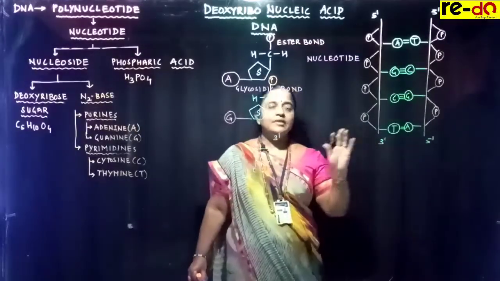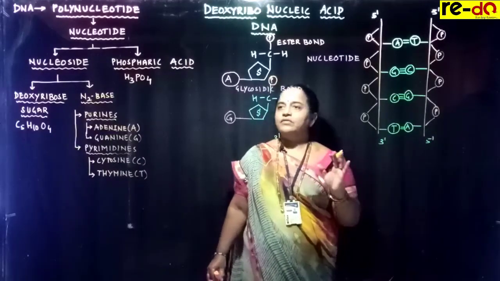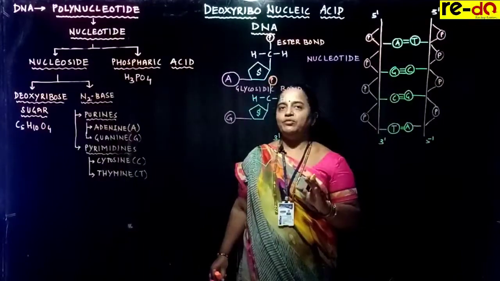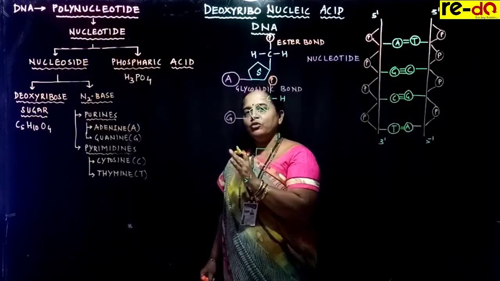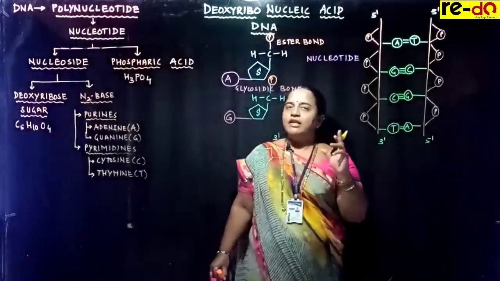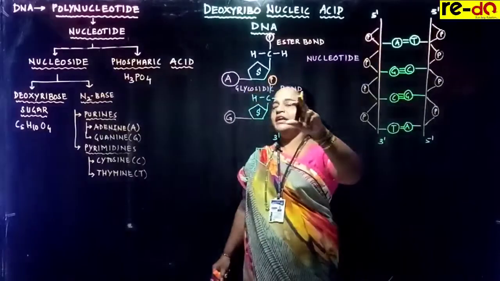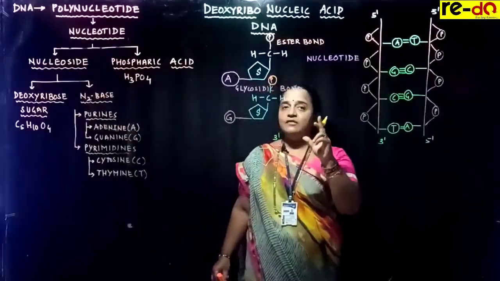So, chemically, DNA is having 3 chemical compounds. Deoxyribose sugar, it is nothing but pentose with 1 oxygen less. It will develop glycosidic linkage with any one nitrogen base, where bases are 4.